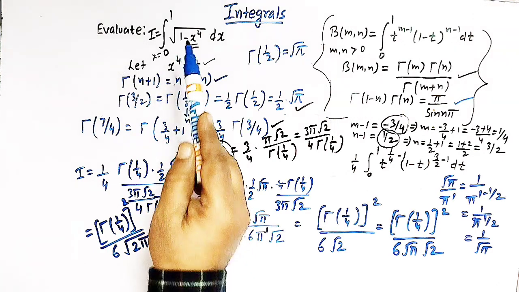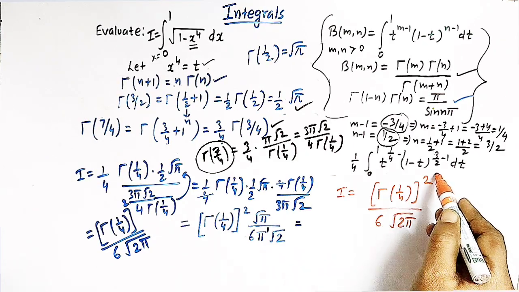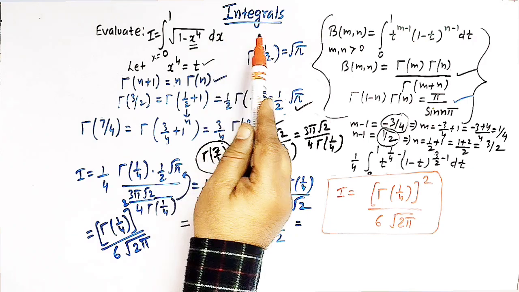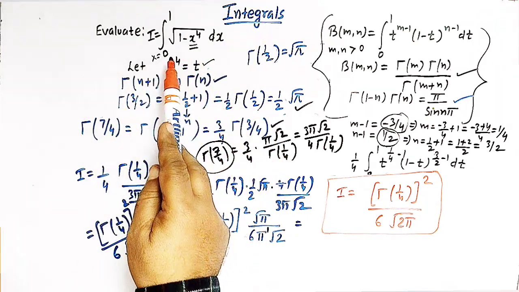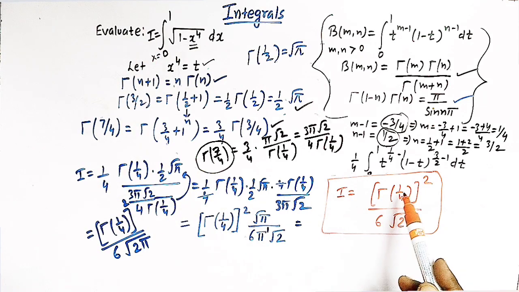So viewers, the value of this integral is square of gamma 1 over 4 divided by 6 times square root of 2 pi. So viewers, this is how by the application of beta and gamma functions, we can easily evaluate integrals of this kind. So the value of this integral I is gamma 1 by 4 square divided by 6 times square root of 2 pi.